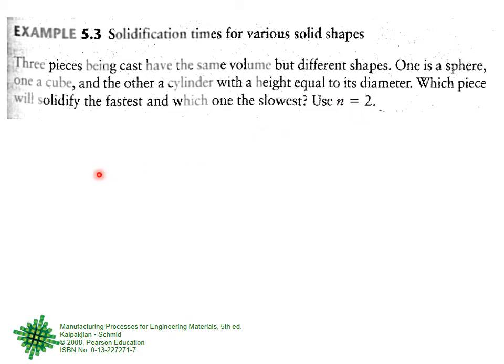So solidification time is equal to some constant c into volume upon surface area square, right? That is the equation. So as I always want you to do, please pause it now. Don't read further, don't listen further. Take a blank page, take your pen and start doing it. Read the problem again carefully, write down the knowns and the unknowns and then solve it.